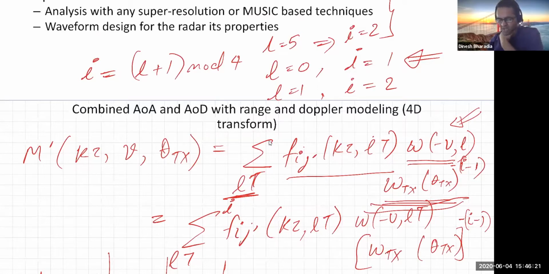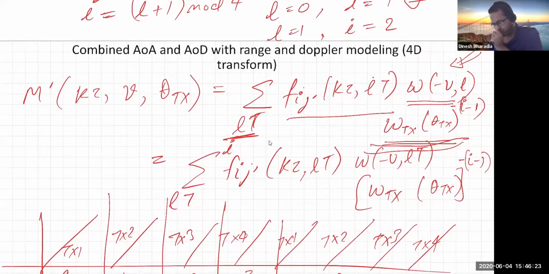What happens now if you take this and sum it over J prime? By the way, this is M prime J prime, let's put it this way. It reminded me of Spider-Man.